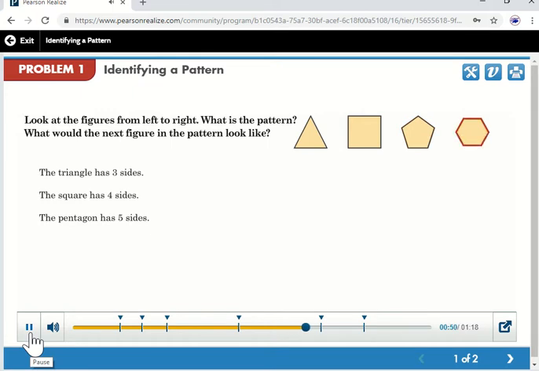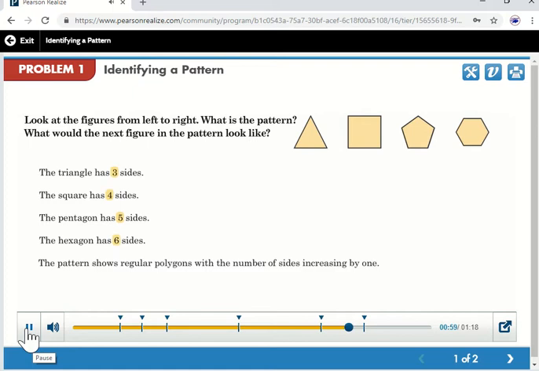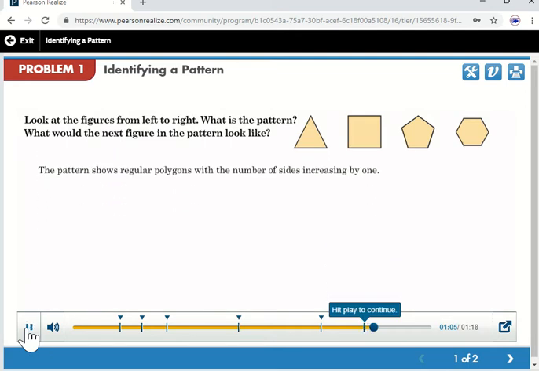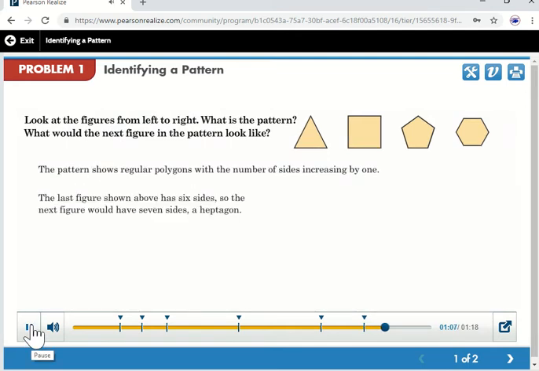And the hexagon has 6 sides. The pattern shows regular polygons with the number of sides increasing by 1. The last figure shown above has 6 sides, so the next figure would have 7 sides, a heptagon.